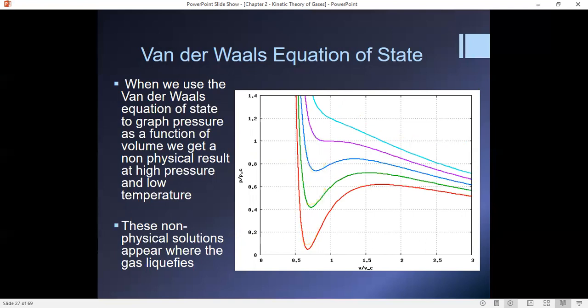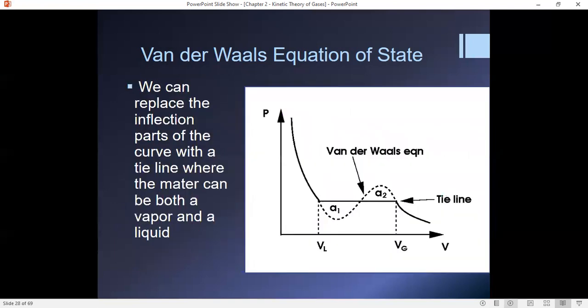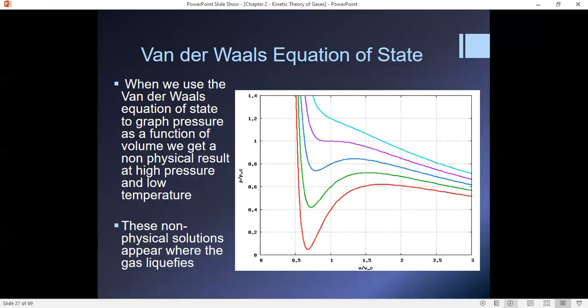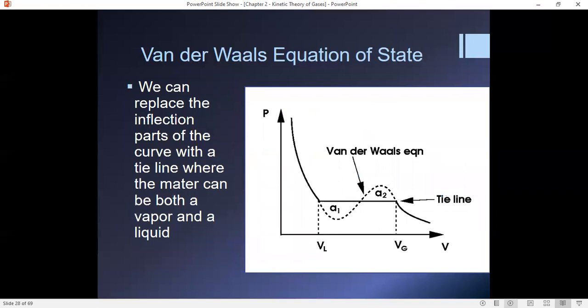Now, this is not a physically possible solution. What happens here is instead of getting these dips and then these rises, as we see right here, a dip and then a rise like this, we actually flatten these out, call these tie lines.